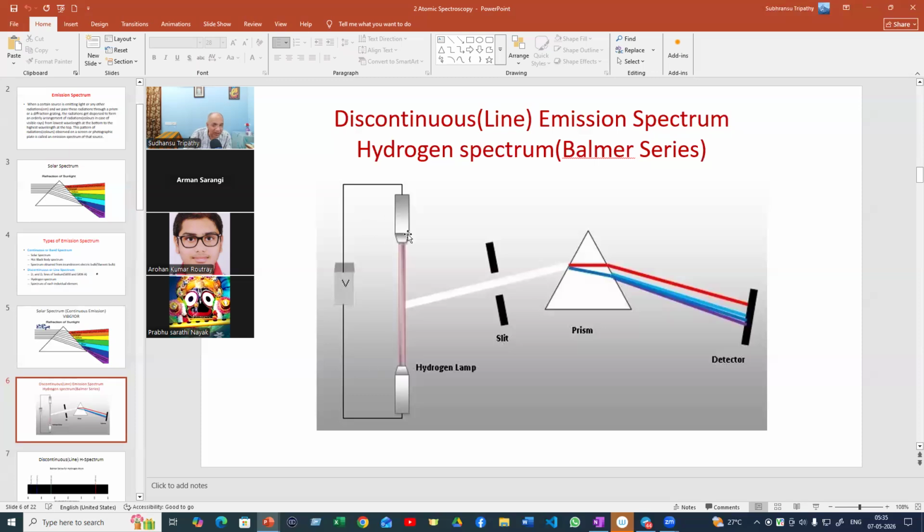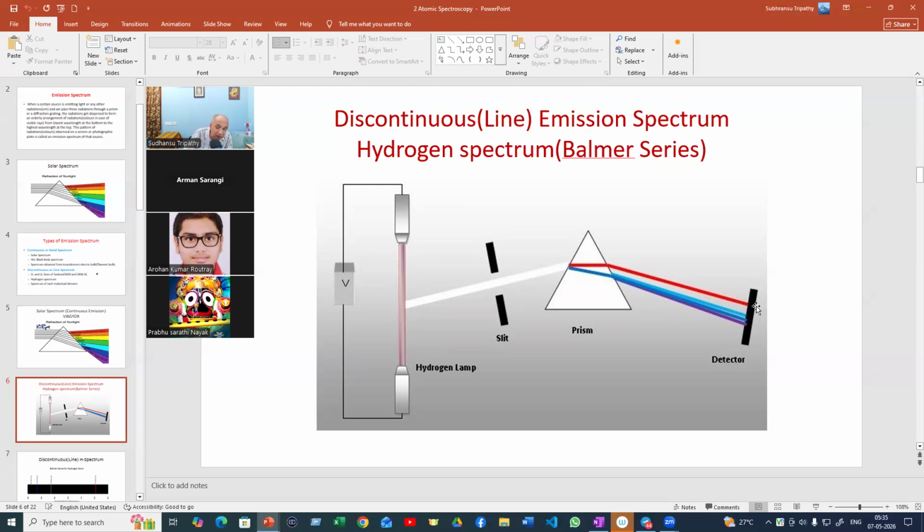Here hydrogen gas is taken. This hydrogen gas is subjected to high energy. It is emitting some reddish radiation. It looks reddish, whitish, but when you analyze that through a prism, it will give you some distinct lines, not continuous like the solar spectrum.